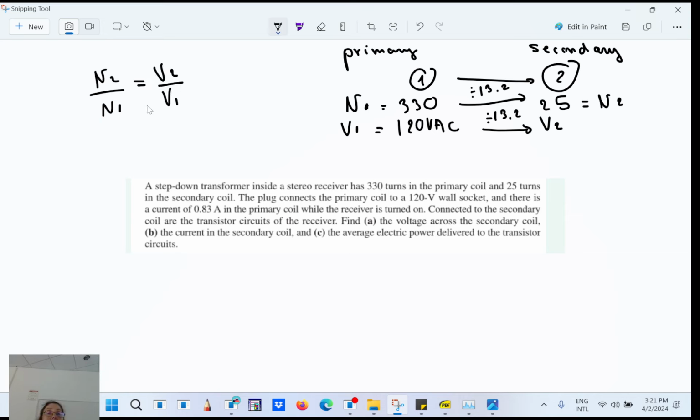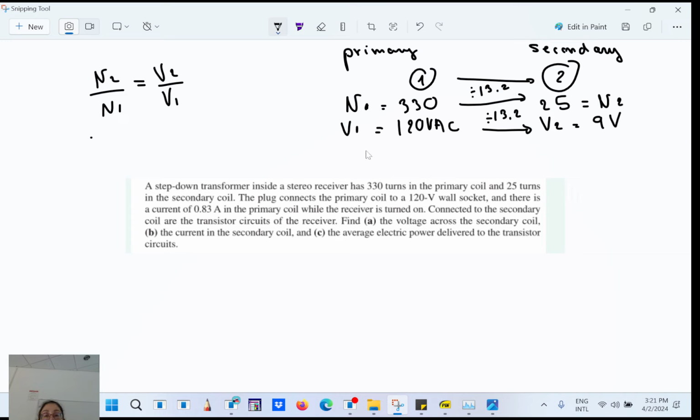So yes, you can do cross multiply. 9 volt. Do you all get that? You use this equation, it has to be a step down.